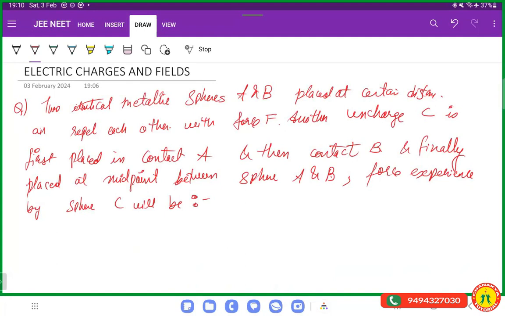This came in your board exams also. So what shall we do here?